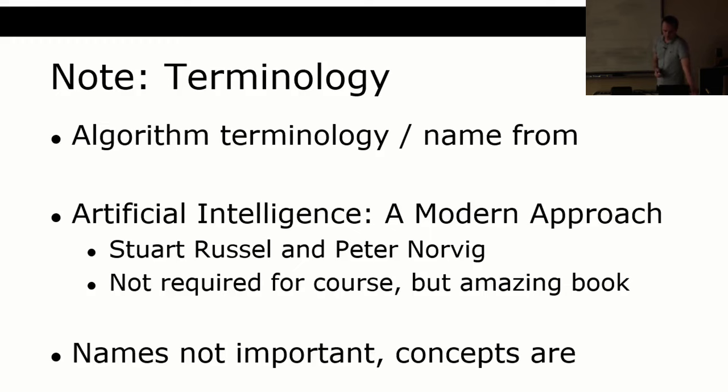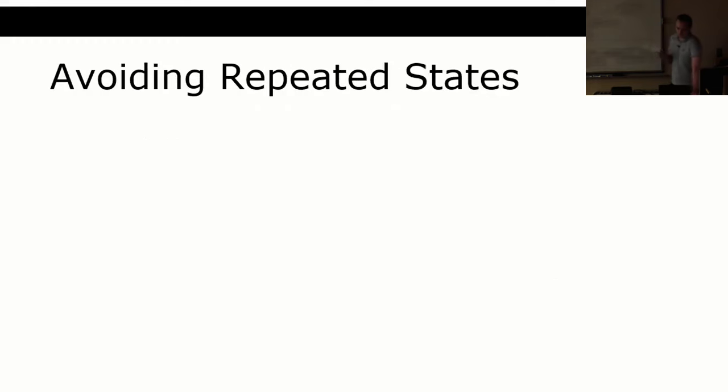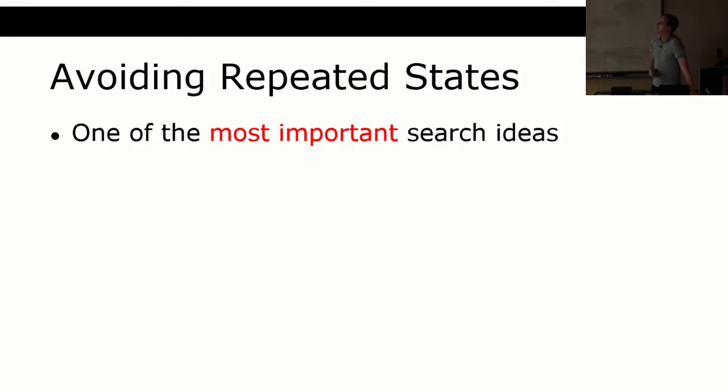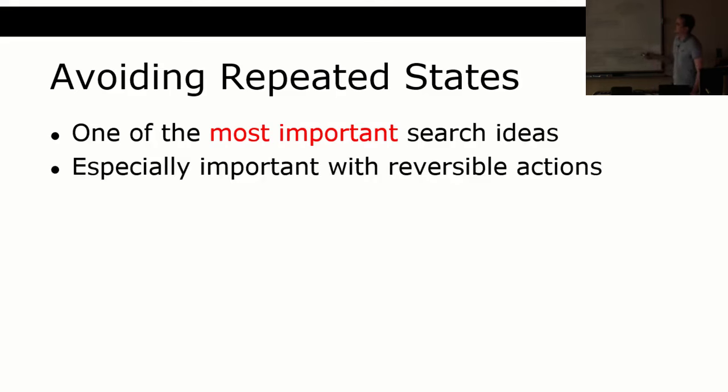The concepts are. So we looked at that example of depth-first search going infinite, going from A, B, A, B, A, B, A, B. One of the most important ideas in search is how to avoid that. We don't want it to go back and forth, back and forth. And this is especially important in environments where you have reversible actions, meaning I could move to the right and then I could move back to the left and end up in the same spot.